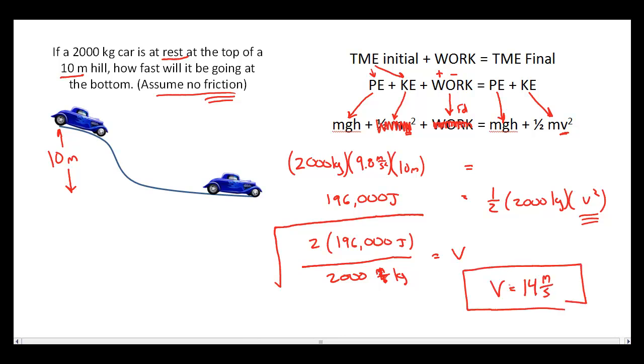But once again, one of the driving points of this whole problem is that work is not being used. If work's not being used, then my total mechanical energy initially needs to equal the total mechanical energy at the end. It's only when work is done on the object that I'll see a difference in my energy in the final than it was in the beginning.